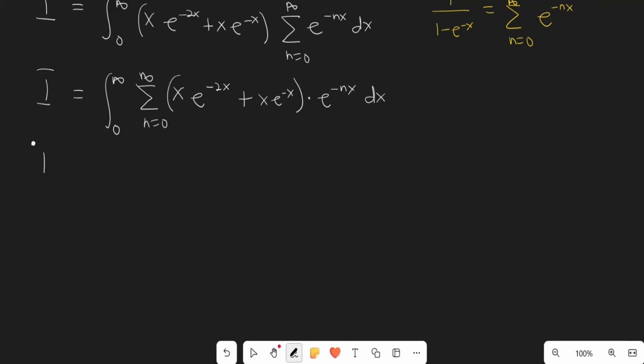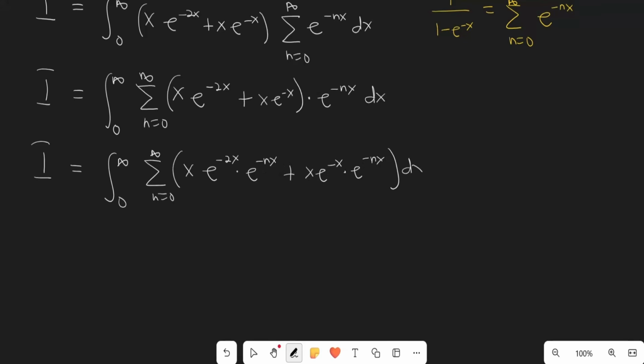So I is equal to the integral from 0 to infinity, the summation from n from 0 to infinity of x e^(-2x) multiplied by e^(-nx) plus x e^(-x) multiplied by e^(-nx), all this one dx.